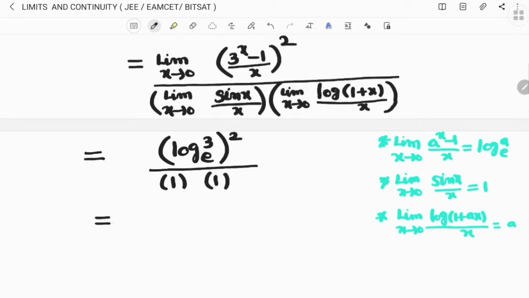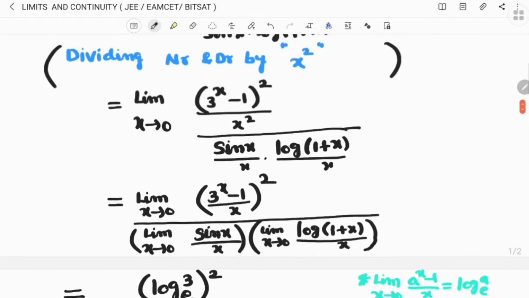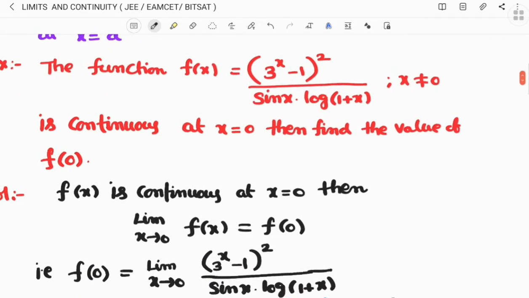So f of 0 equals log 3 to the base e whole square. So the value of f of 0 is log 3 to the base e whole square. This is the way we will find the continuity of the function.